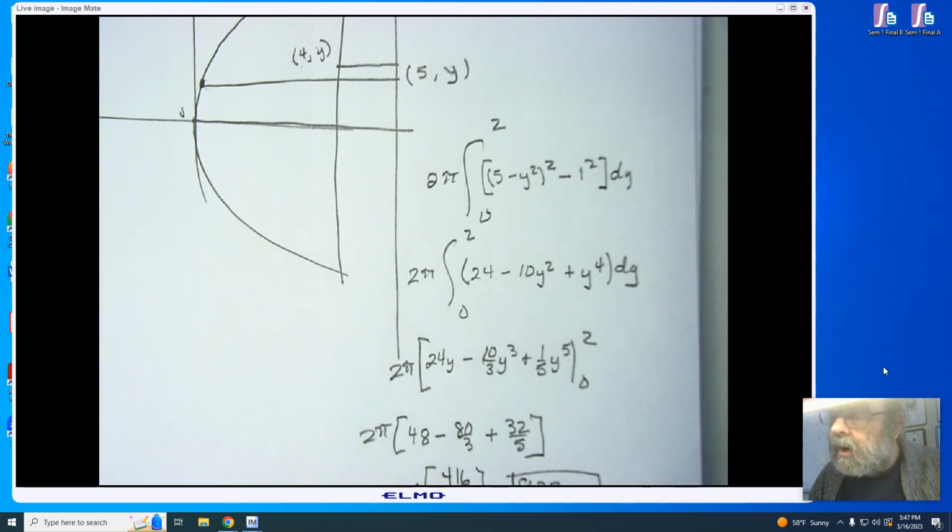Let's check it. Can't hurt. I'm just checking, people. It doesn't hurt us to check our work. When you're not sure, do it. I mean, come on. What do we have to lose? 24 minus. Now, when you do this, make sure you're using x as opposed to y.